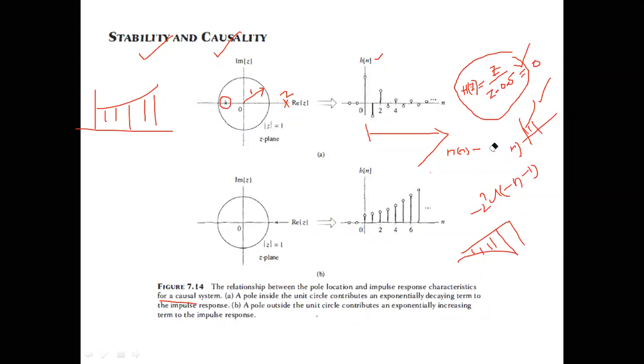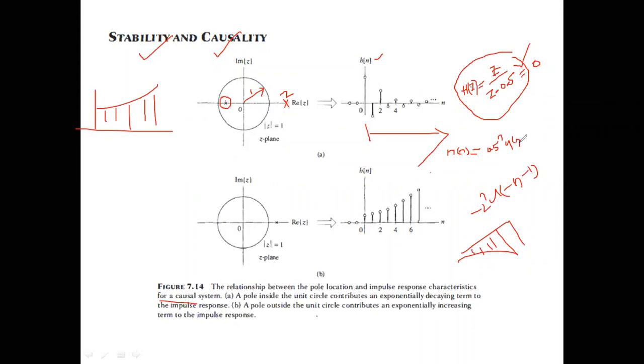I will get 0.5 to the power n into u of n, right? If that is the case, then I'll get h of n equal to the inverse z transform, 0.5 to the power n into u of n.